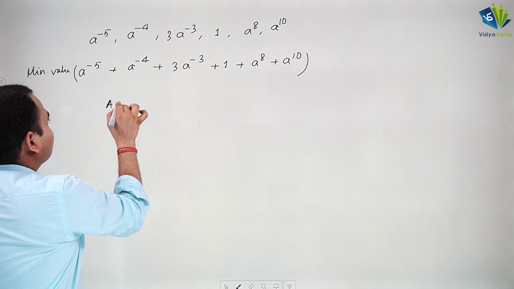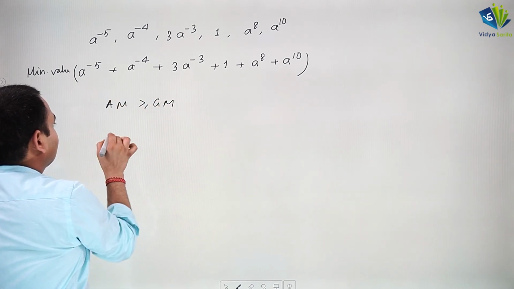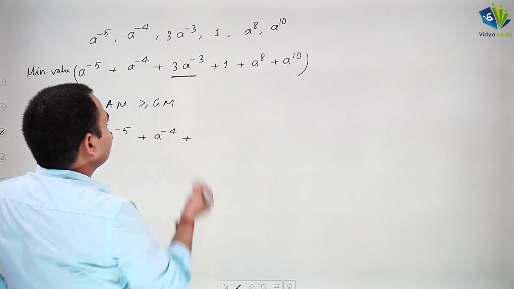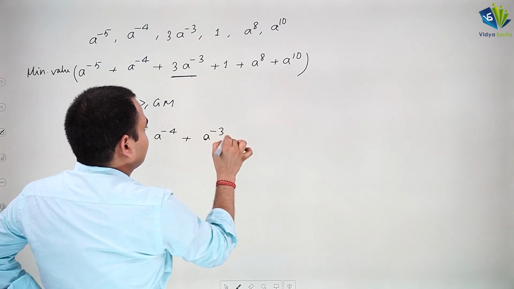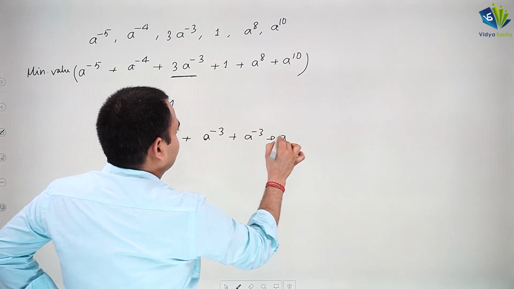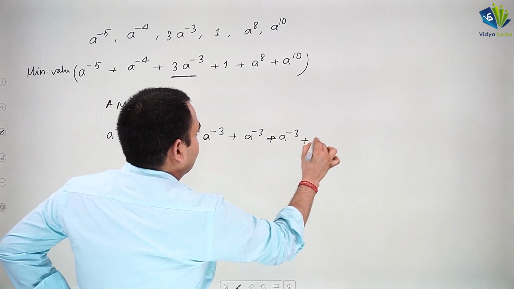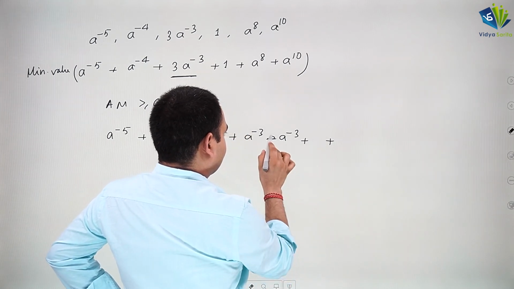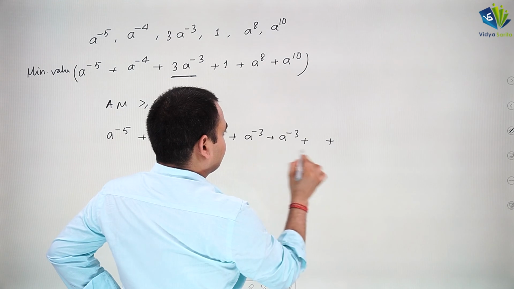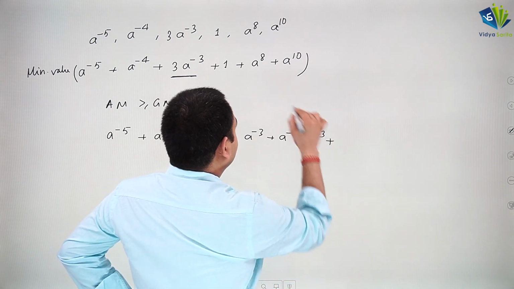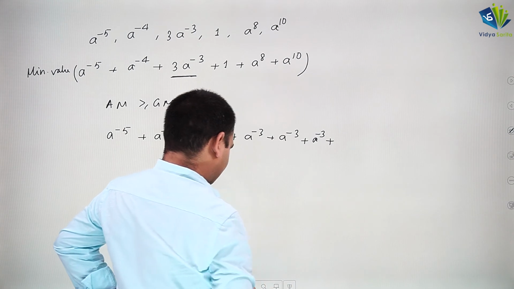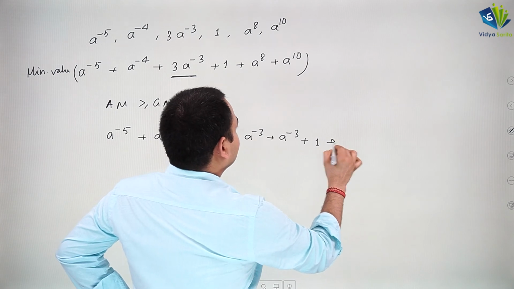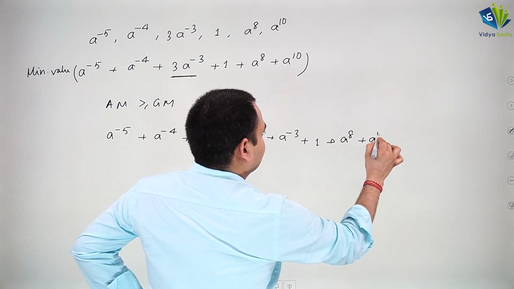So if we apply AM greater than or equal to GM, let us see: a to the power minus 5 plus a to the power minus 4, and here a to the power minus 3 can be split into 3 parts, this plus this plus this, written 3 times. Then this is 1, this is a to the power 8, this is a to the power 10.